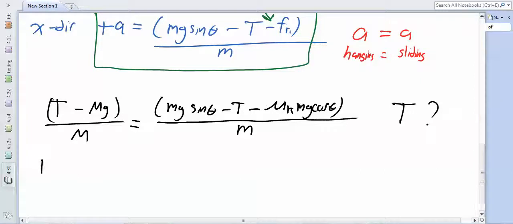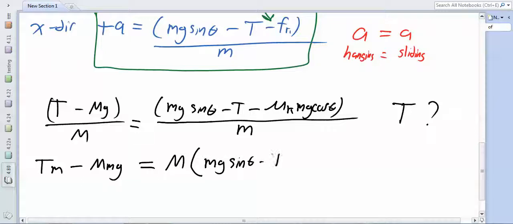So that'll give me T times little m minus big M little m g is equal to capital M multiplied by this bracket, little m g sine of theta minus T minus mu k little m cosine of theta.